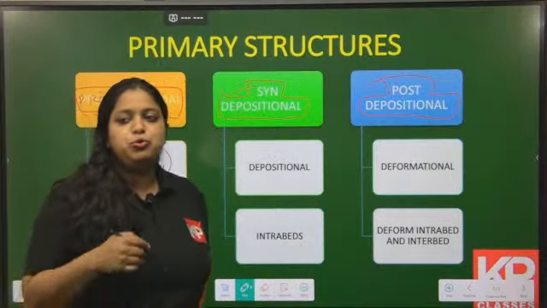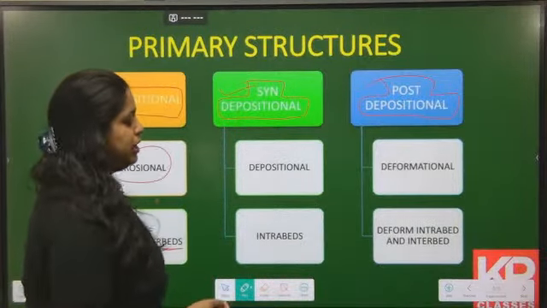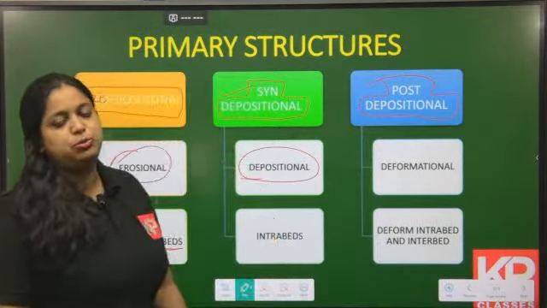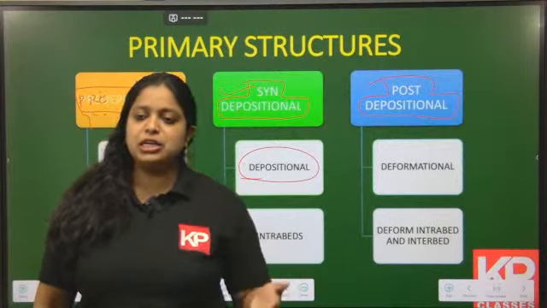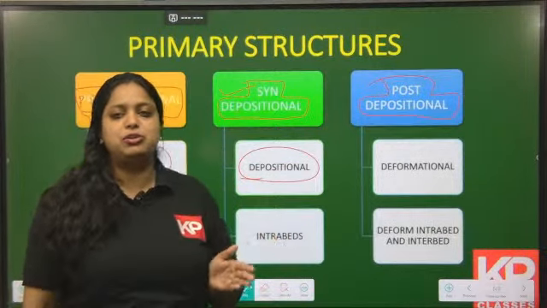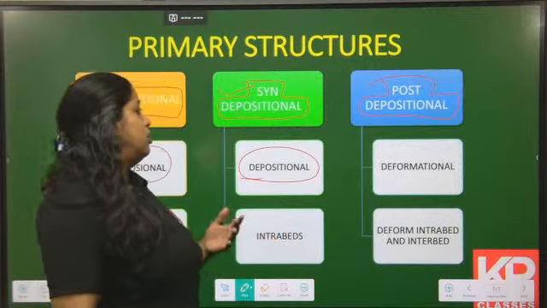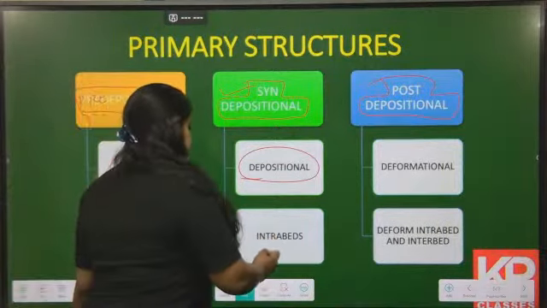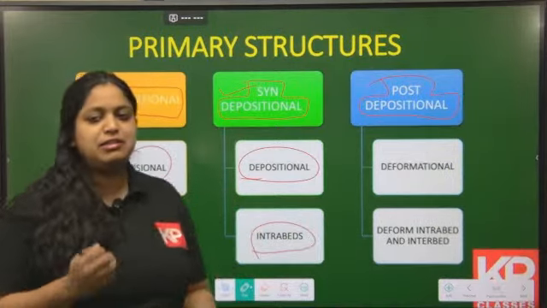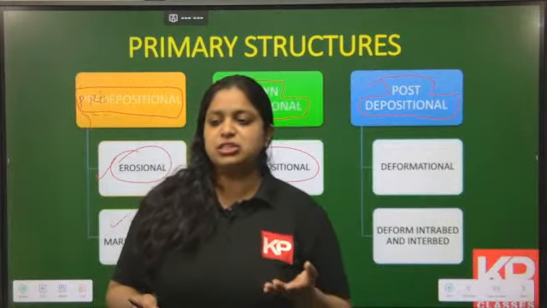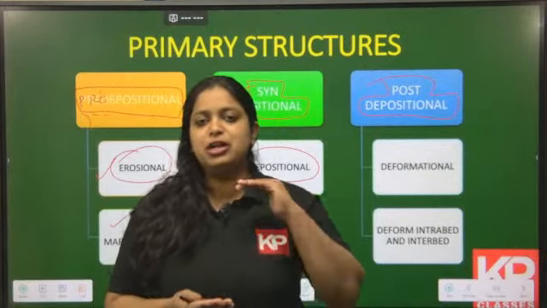Syn-depositional structure is formed during the deposition, or I can call that depositional sedimentary structure. Because of a particular pattern of sedimentary deposition, the structures develop, and those are intra-bed. Intra-bed means I get it in a single bed. For example, cross-bedding. Cross-beddings are structures that I get inside a particular bed.